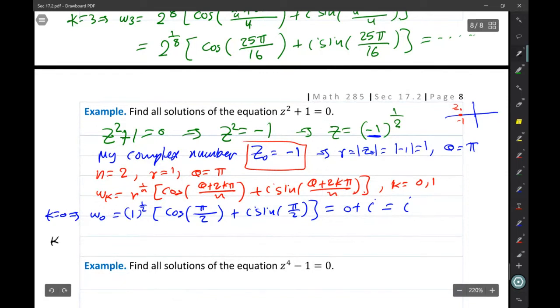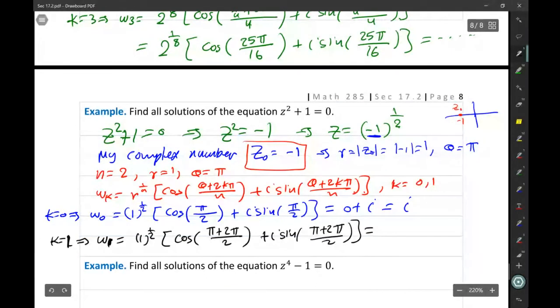Now the second root, when k is equal to 1, w1 equals 1 to the power half times cosine((pi plus 2 pi)/2) plus i sine((pi plus 2 pi)/2), which is cosine(3pi/2), which is 0, plus i sine(3pi/2), which is minus 1 times i, so it will be minus i.